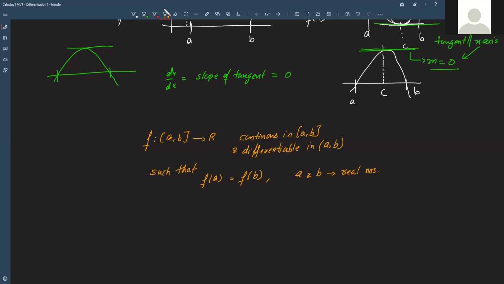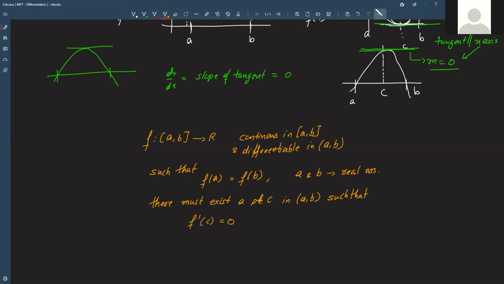And in that case, there must exist a point C in that interval (a, b), such that f dash c is equal to 0.